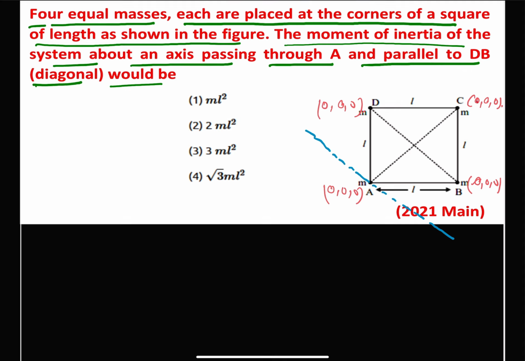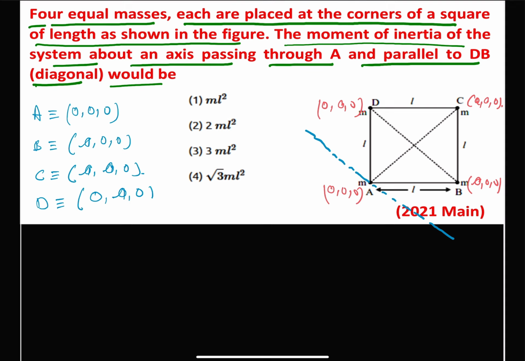Let me write it here: A has the coordinates 0, 0; B has the coordinates a, 0, 0; C has the coordinates a, a, 0; and D has the coordinates 0, a, 0.